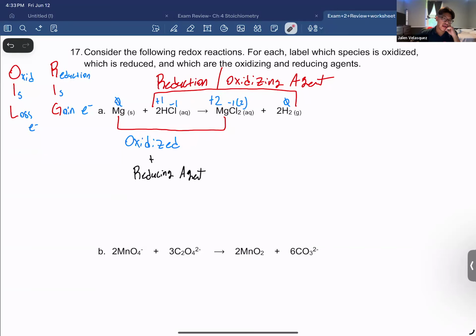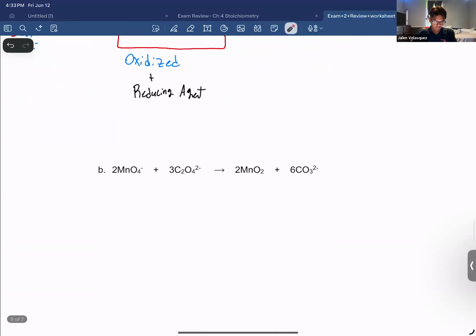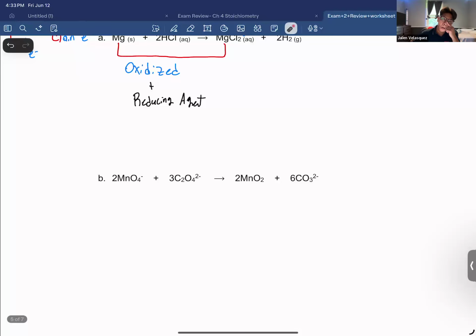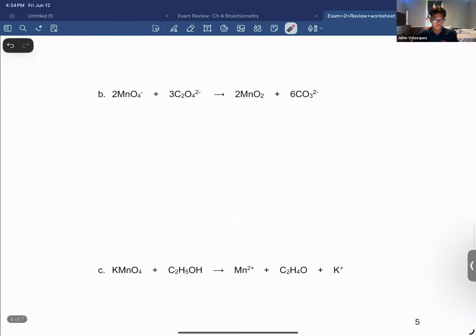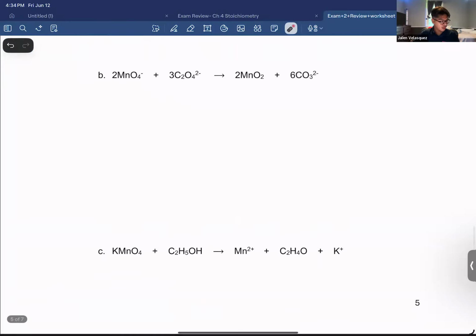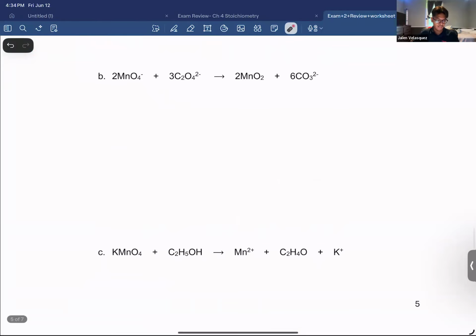So any questions on part A there? On part A for 17? All right, so I'll give you guys a couple minutes now to work on parts B and C. Maybe take till like 4:40-ish, and then I will go over it.